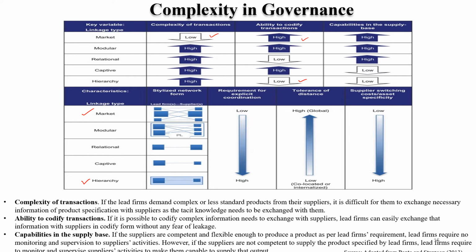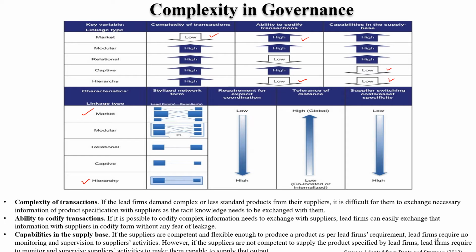If it is completely market driven, then the lead firm may not have that information. On the other hand, the fear related to the inefficiency of the suppliers, whether they will be able to increase the production base or not, is relatively less when it is a control environment. So in captive and hierarchical structures, this will be relatively less.